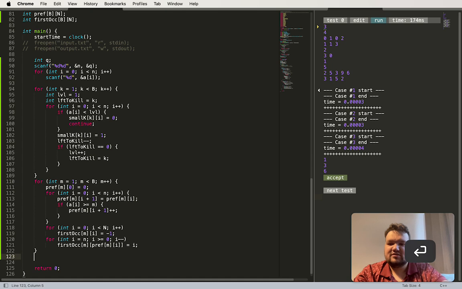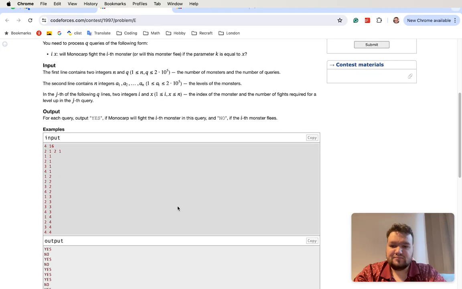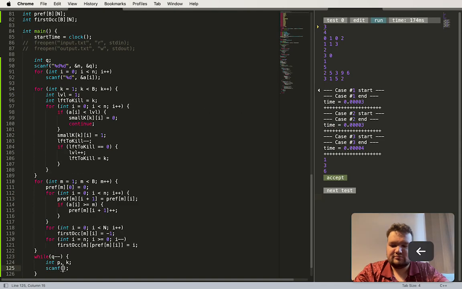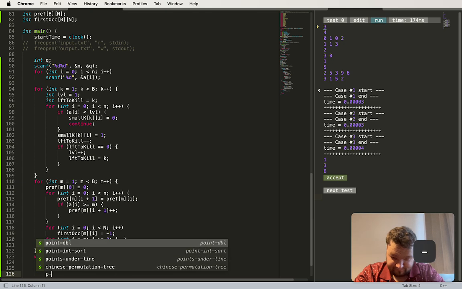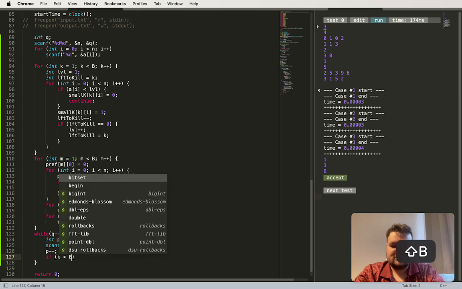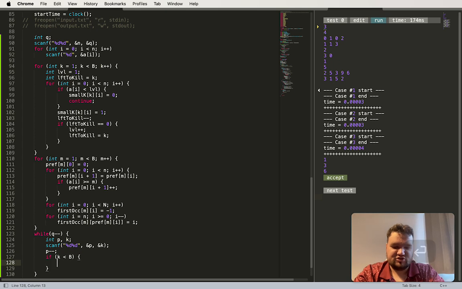All right. So now we will answer the queries. Each query is position and value of k. So if k is smaller than b, we just know the answer.